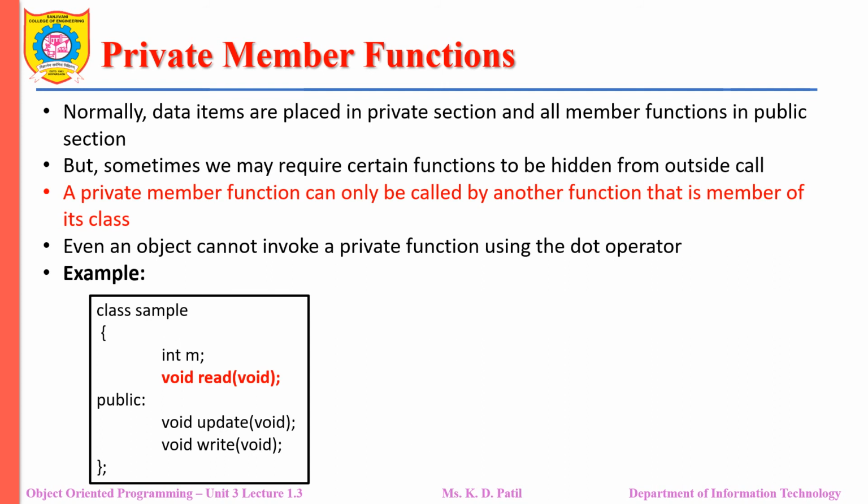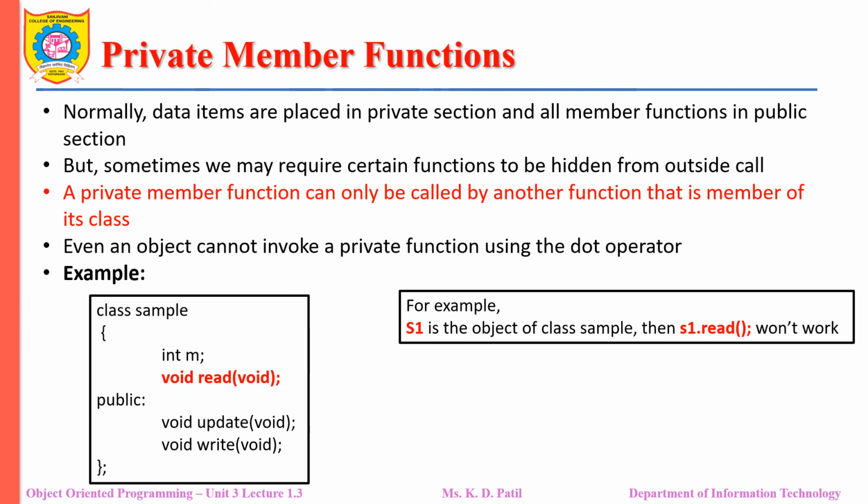Now if I want to use that read member function in my main function, then s1.read will not work. By considering s1 as an object of the class sample, it will not work as it is a private member function of the class sample.